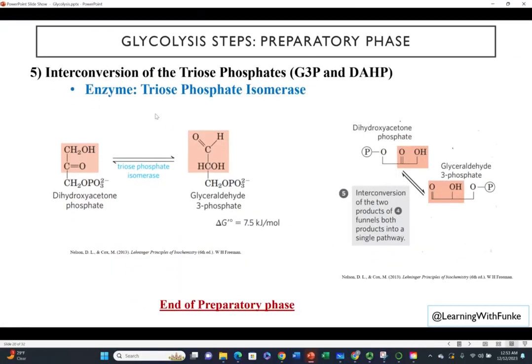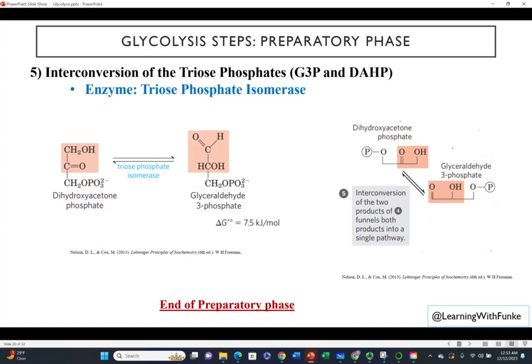And so for the next step, the last step of the preparatory phase, here we have the interconversion of triose phosphates, so G3P and DAP. Because G3P goes into the payoff phase, we have to convert that DAP to G3P. So we'd end up starting the payoff phase, which is the next phase, with 2 moles of G3P. And so this enzyme, triose phosphate isomerase, kind of like we talked about before, isomerase enzymes catalyze that isomerization reaction.